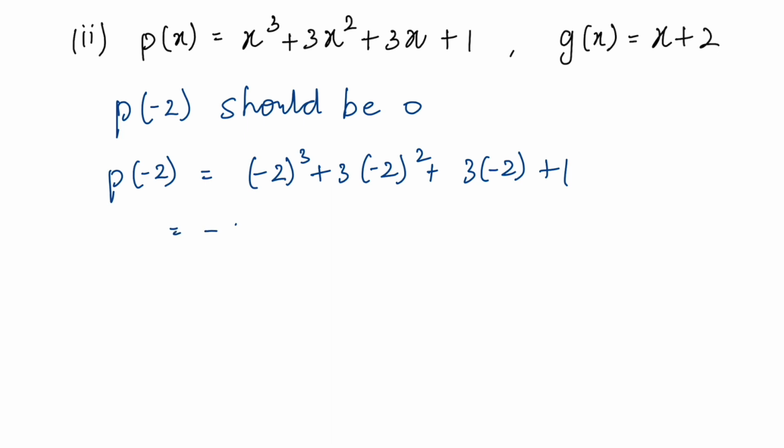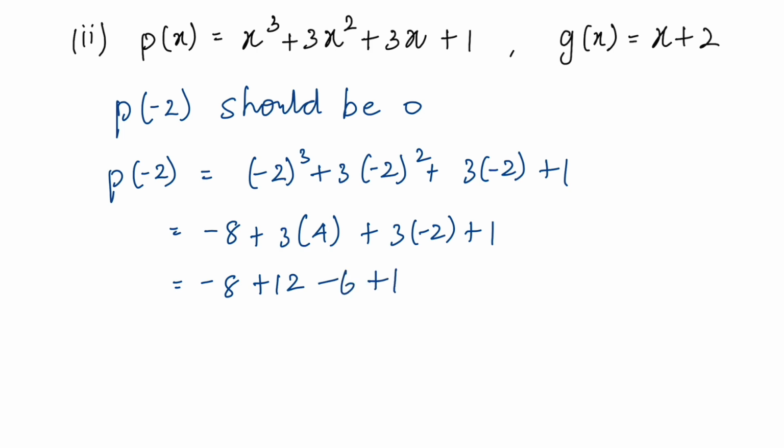Minus 2 cubed is minus 8, plus 3 into minus 2 squared is plus 12, plus 3 into minus 2 is minus 6, and a plus 1. So minus 8 plus 12 gives you plus 4, and we have minus 6 plus 1. 4 minus 6 is minus 2. Minus 2 plus 1 is equal to minus 1, which is not equal to 0.